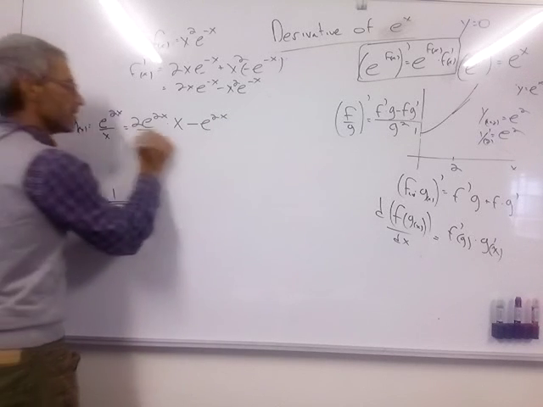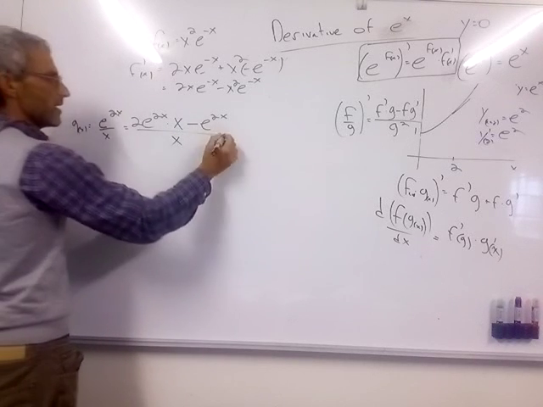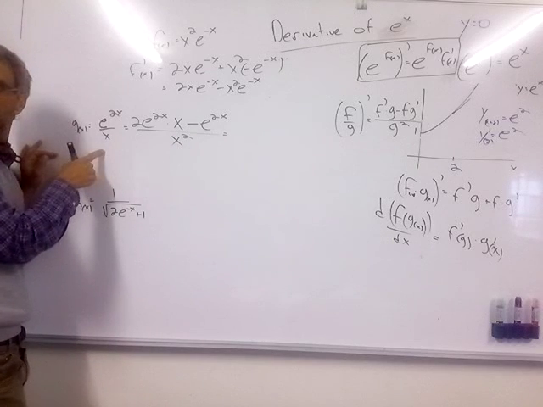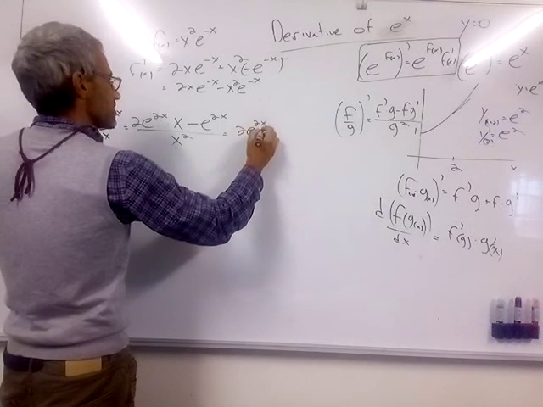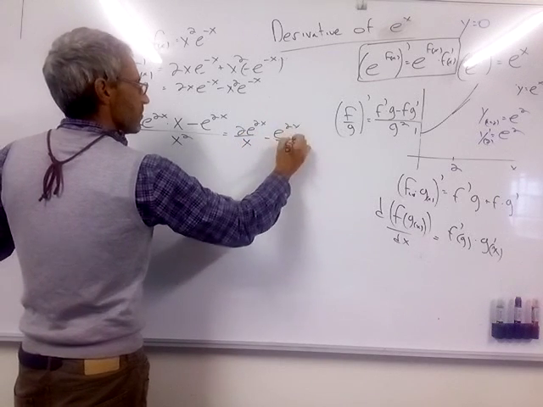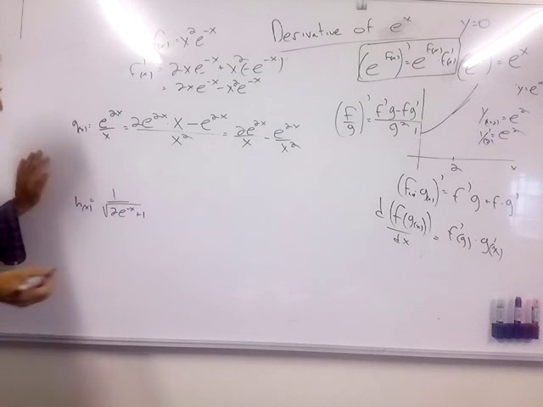So I leave it there. Divided by x squared, the square of the denominator. So it's going to be 2e to the power 2x times x minus e to the power 2x, divided by x squared. You can maybe factorize it or whatever you want to do.